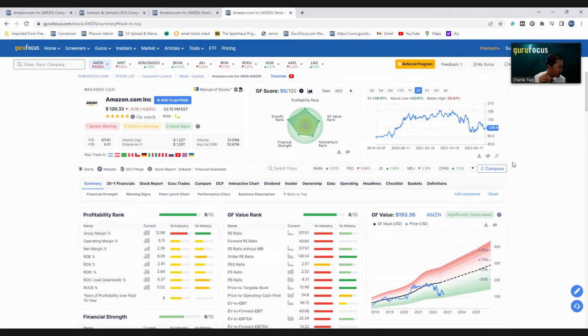Okay, let me look at the question. John is asking, is there a way of knowing which business or company brings the big profit? You have to look at the annual report. That's the best bet. We actually have some data on that, not a lot.